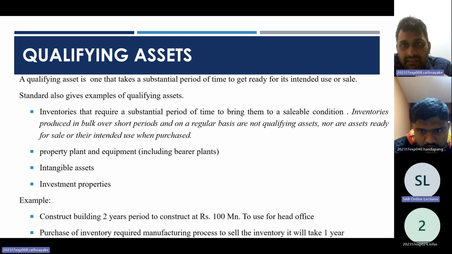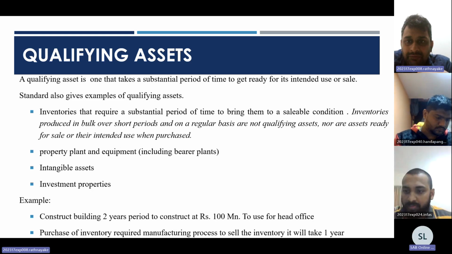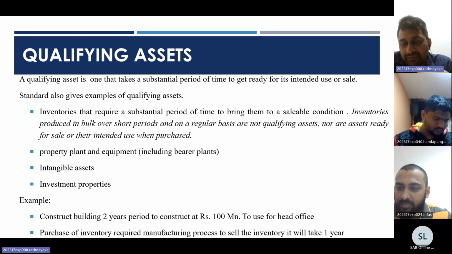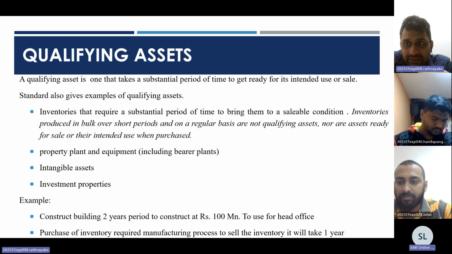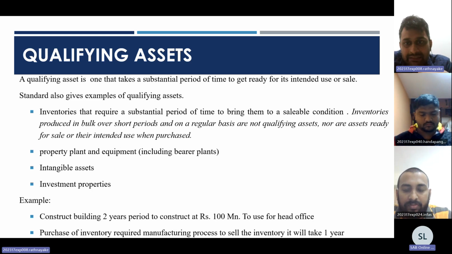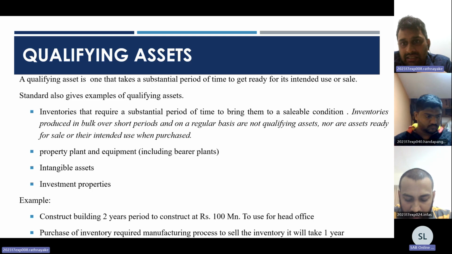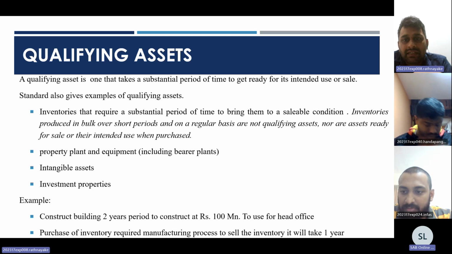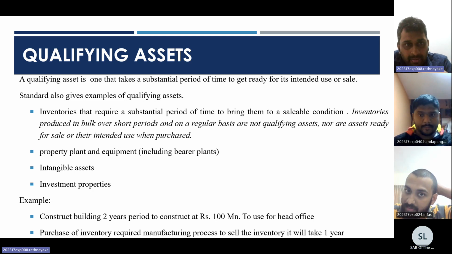And there are two situations where LKS 23 doesn't apply. First, if you are dealing with assets measured at fair value, this standard does not apply. And also LKS 23 does not apply to inventories produced in large quantities on a repetitive basis.